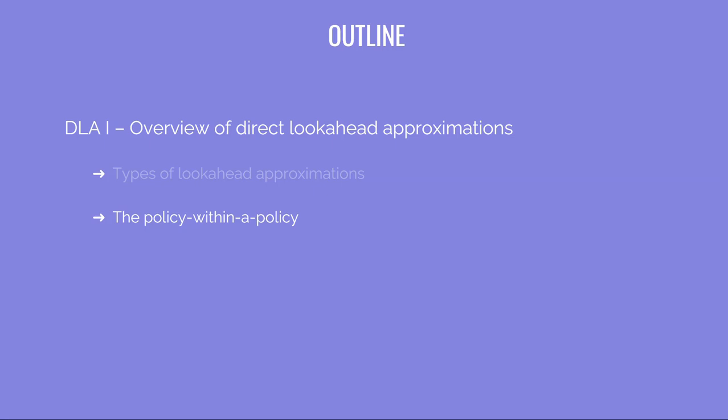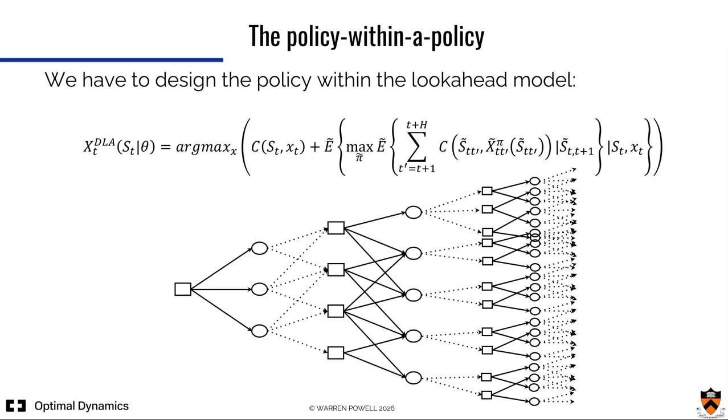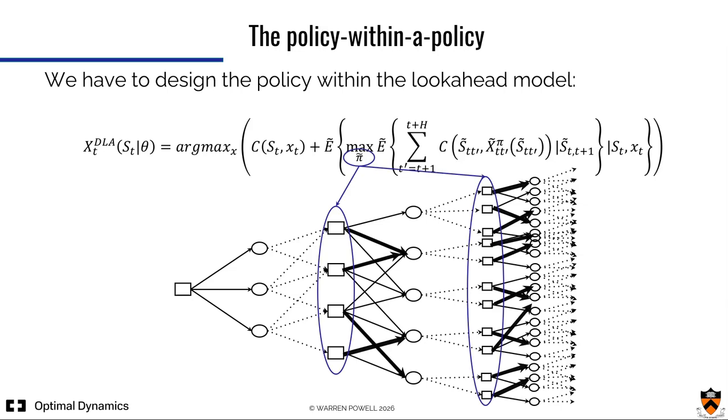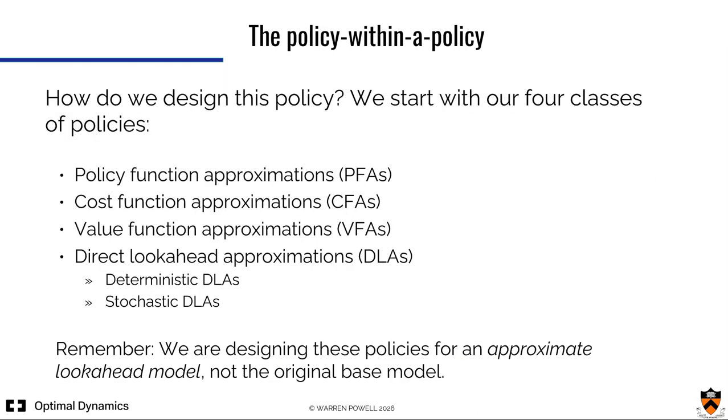All right, let me talk now about the policy within a policy. So when I'm going out in the future, all those squares, I have to make decisions. I have to do it with some policy. What policy should I use? Again, these problems come in many different flavors, and so there isn't any single answer. But guess what?